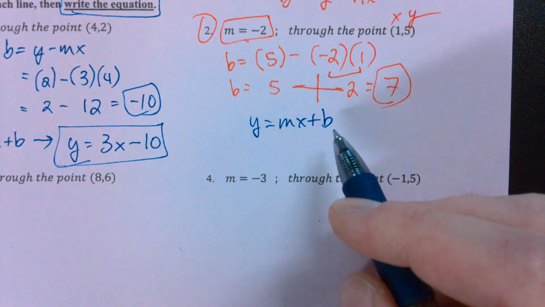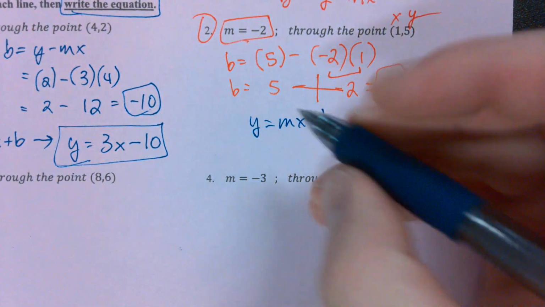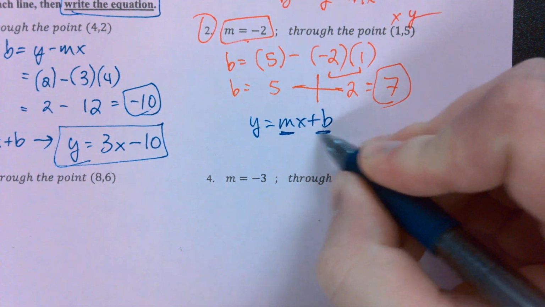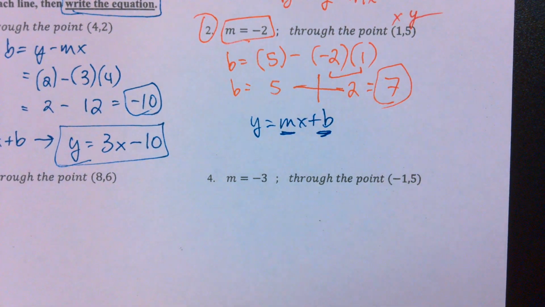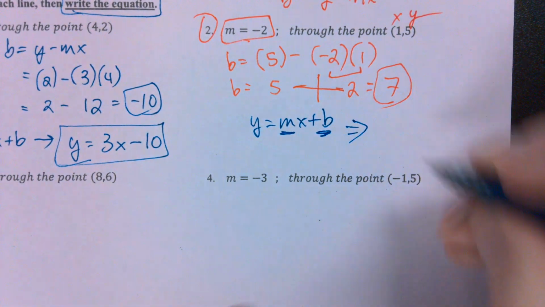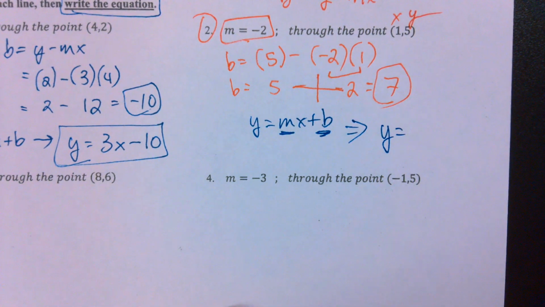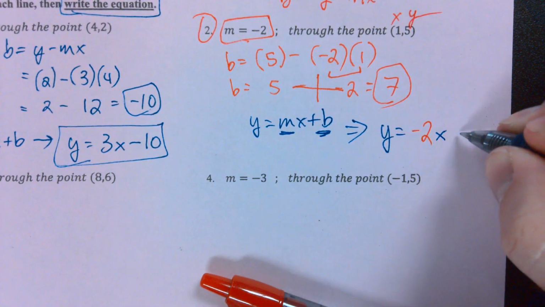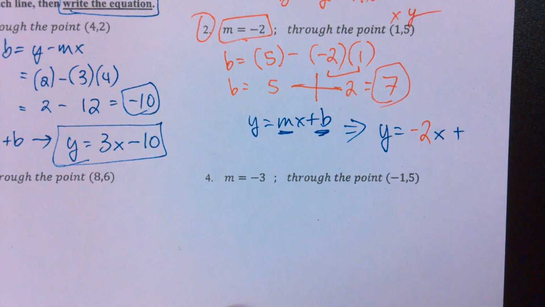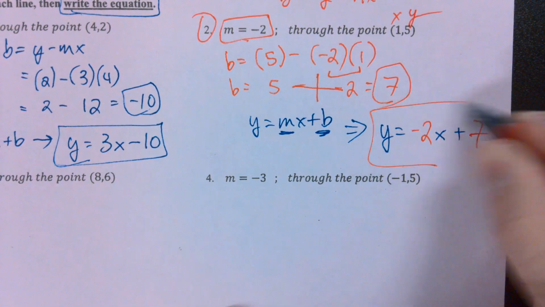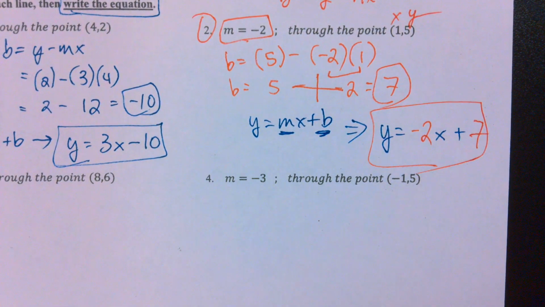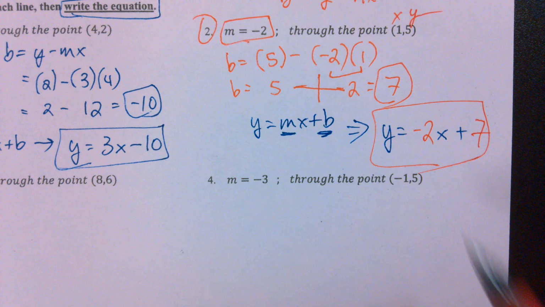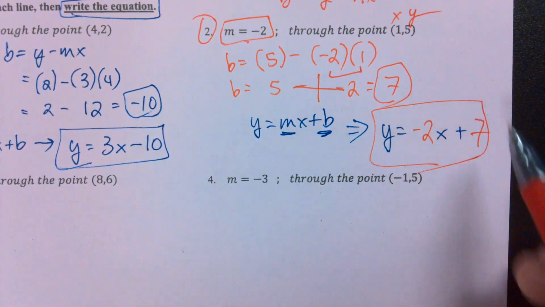And because this is the slope-intercept form, we want to sub out the slope and sub out the intercept. So we can write the equation y is equal to, what's going to go in front of my x? Negative 2, thank you. X plus what? 7. Boom. Just like that. This is the equation of our line.